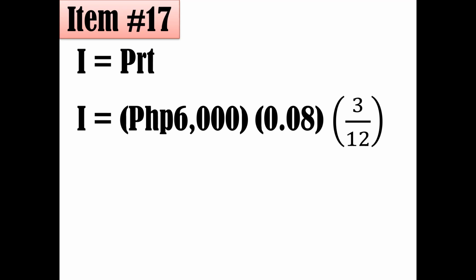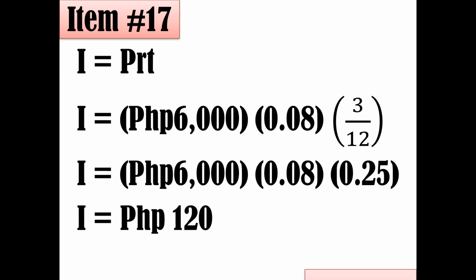Dahil 3 months po lang yung given, we know that 3 months is just 3 out of 12 or 1/4 of the entire year. Kaya times 3 over 12 po. Okay? That's why multiplying everything gives you 120 pesos. Letter B. Okay? I hope na clear po.